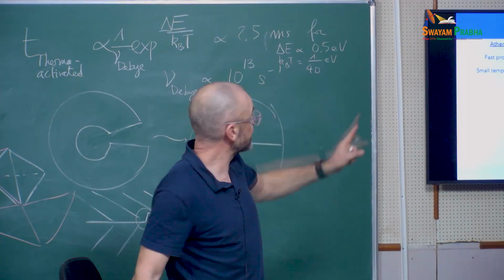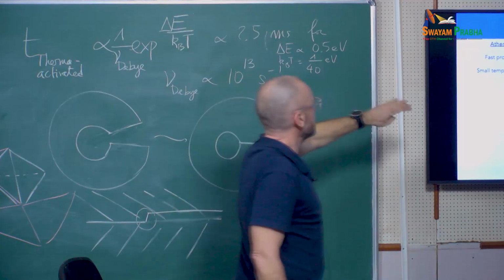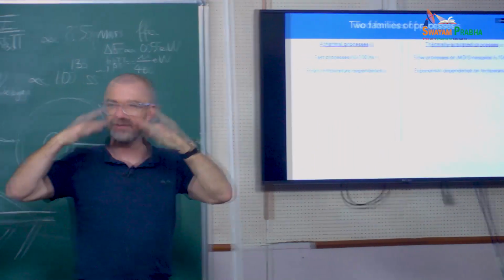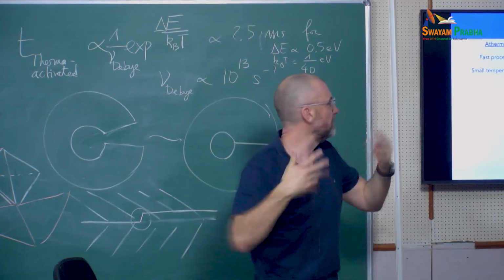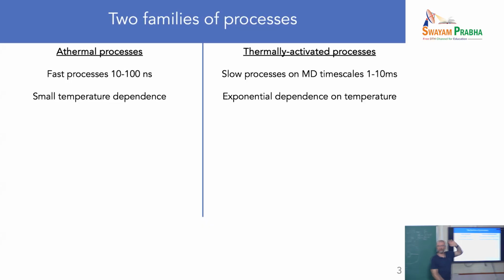Those fast processes, as I said, typically surface relaxation, for example, are usually not thermally activated, so it's a fast process, and it will occur on the order of nanoseconds. And usually the temperature dependence of these processes is low, so it can be none or linear, but it will be a small dependence.